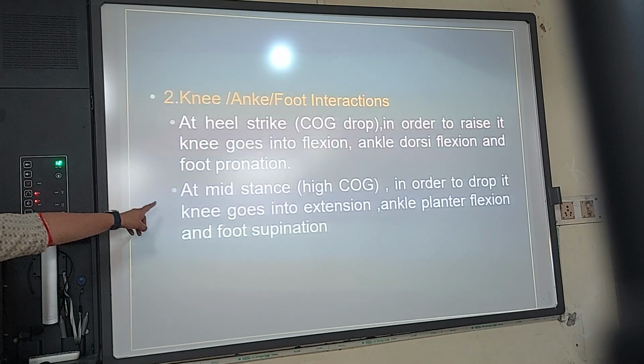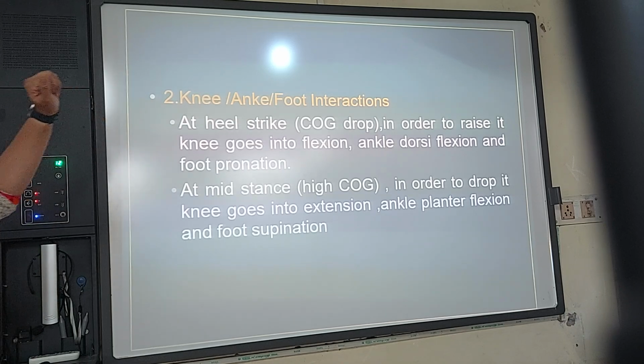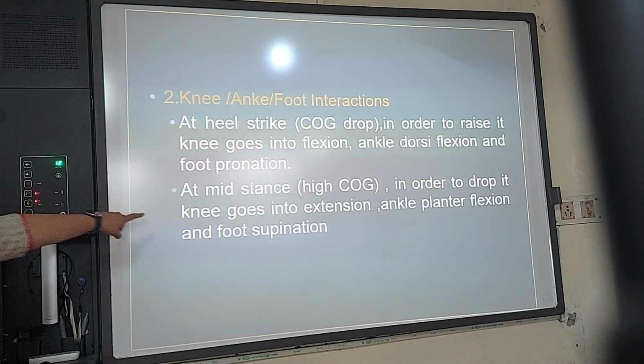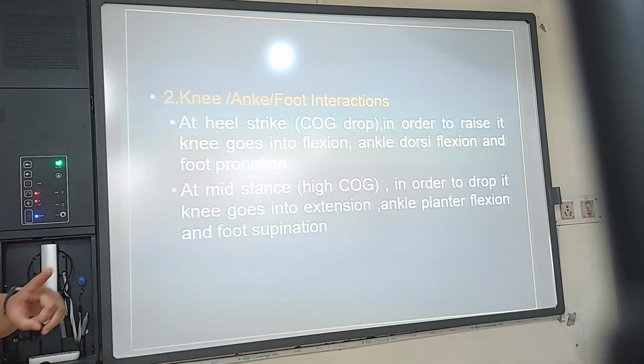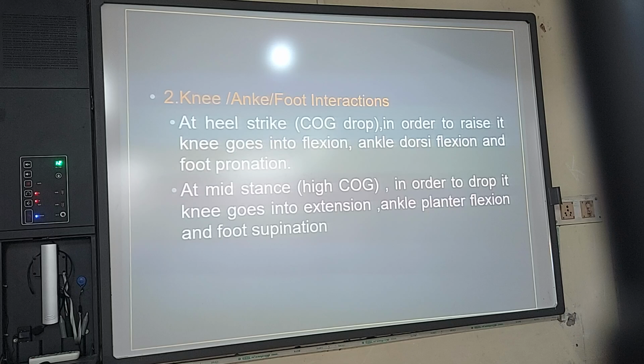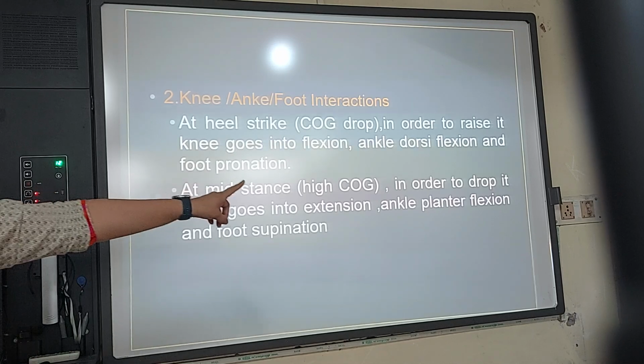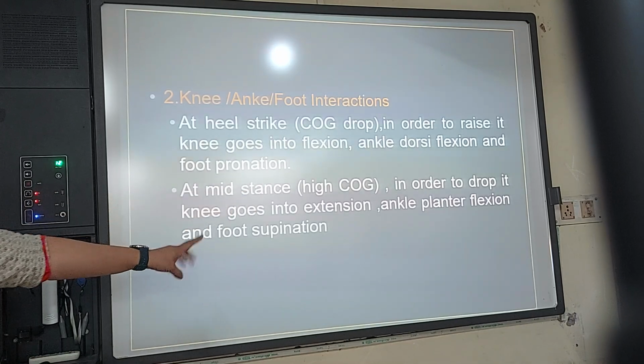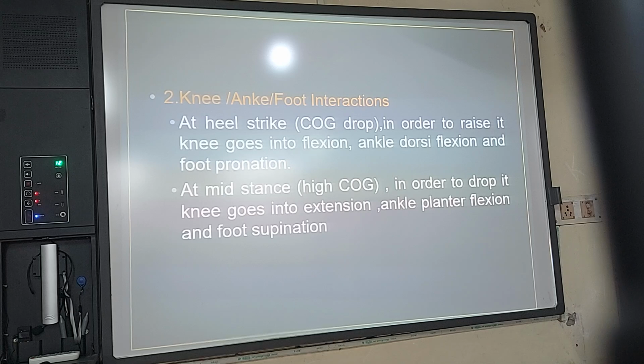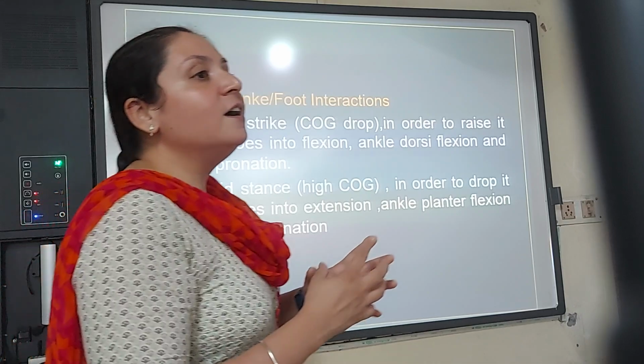Now what happens at mid stance when the center of gravity is already high? It is raised vertically. In order to drop it, we elongate the leg: knee into extension, ankle into plantar flexion, and foot into supination. We elongate the leg in order to bring it down, and we shorten the leg in order to bring it up.